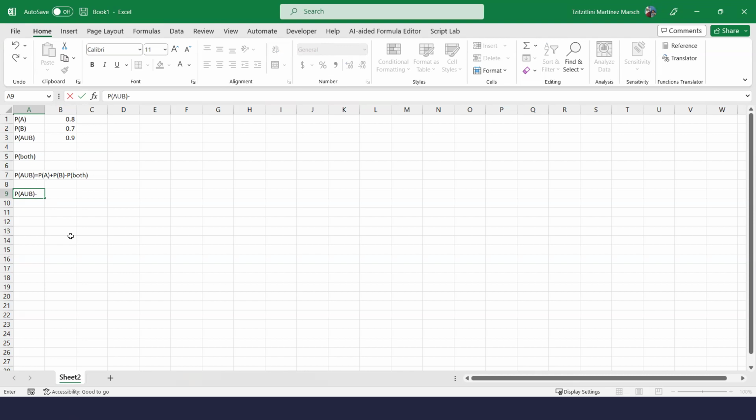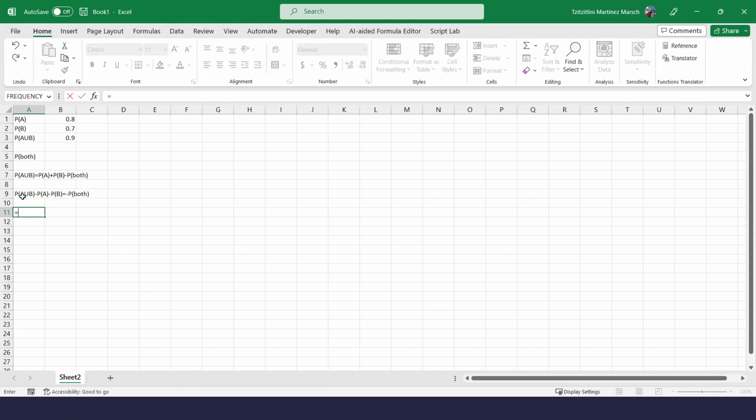So it'll be minus the probability of A, and we'll bring the B, which will be minus the probability of B. And that will equal the negative value of the probability of having both.